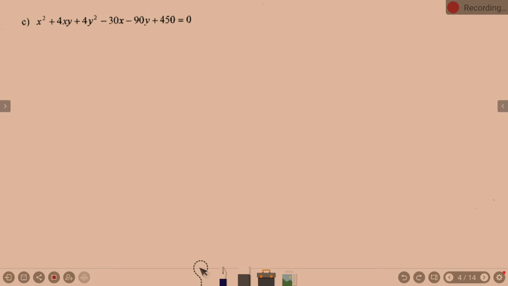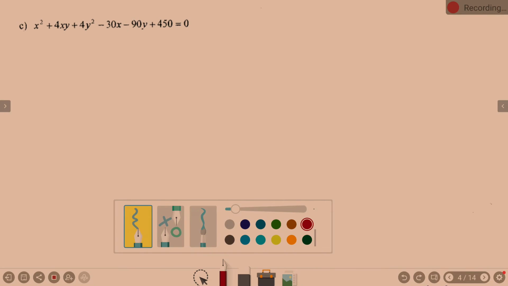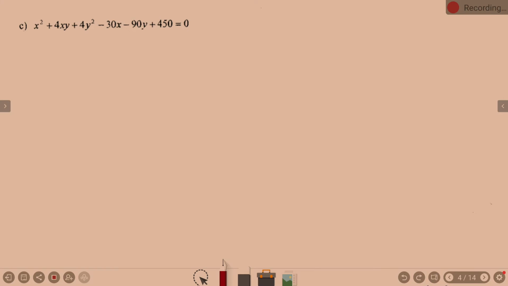As we start looking at this one and start trying to think what we want to do here, my question to you is, what do we have in the way of y terms? Anything that has a y in it. There's 4xy, 4y squared, and negative 90y.